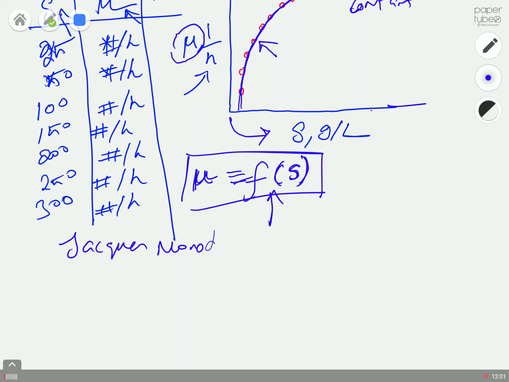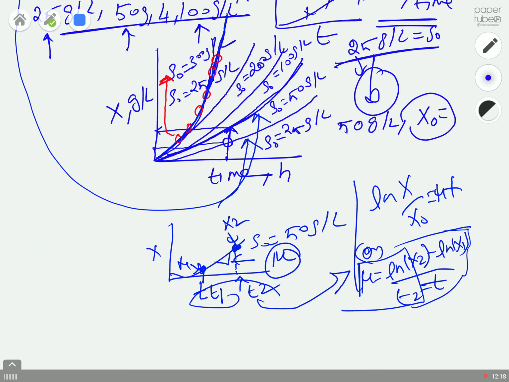So we don't have to develop such an equation, yeah, because Jacques Monod, he's the Nobel laureate. He came up with a very elegant empirical expression. Yeah? He believes for most of the microorganisms, even after you perform a lot of experiments starting with different substrate concentrations, you get this type of data.